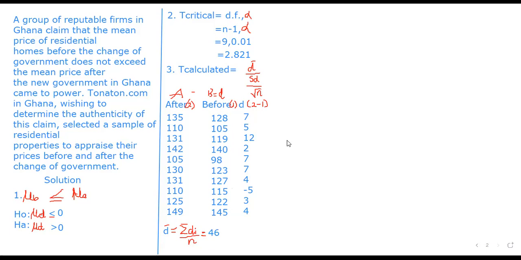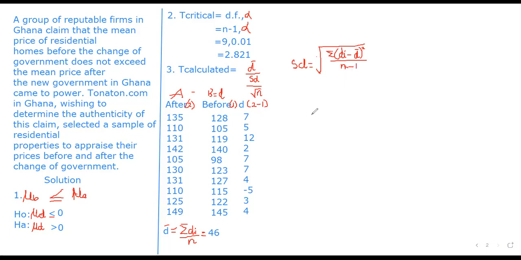The T calculated is D bar all over SD over square root of n. Now we don't know the SD, and SD we said is the square root of the summation of sigma Di minus D bar all squared over n minus 1.